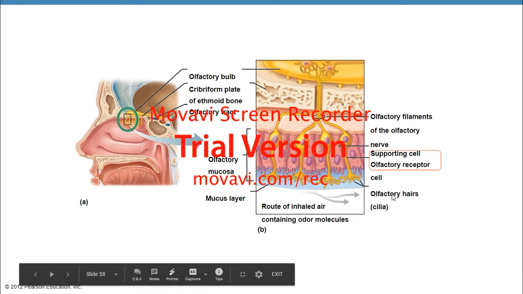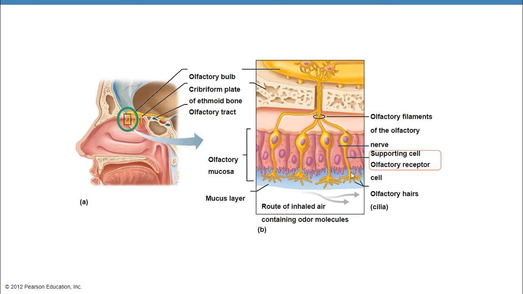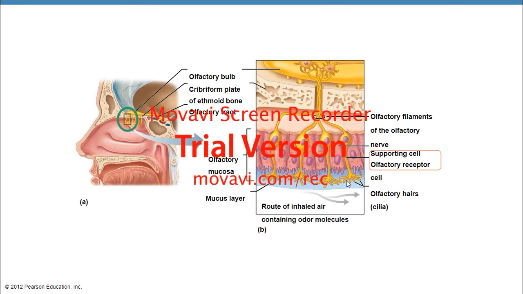So you see at the end of these olfactory receptors, you have those olfactory cilia, all right, and it's those cilia that are going to detect those diffused chemicals in the mucus layer.